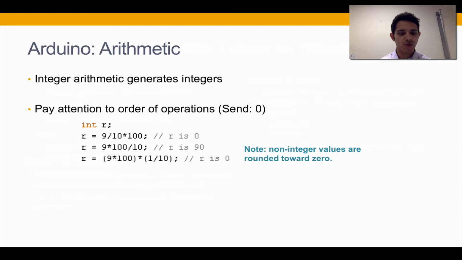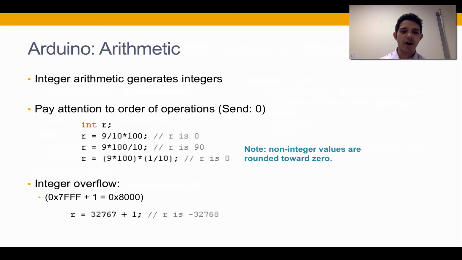It's kind of like the first one. If we use parentheses to dictate order of operations, 9 times 100 will give us 900, but if we put in parentheses 1 divided by 10, that'll give us the result of 0. It'll round towards 0 to the nearest integer, so it'll look like 900 times 0, which equals 0. So what gets assigned to r is 0.